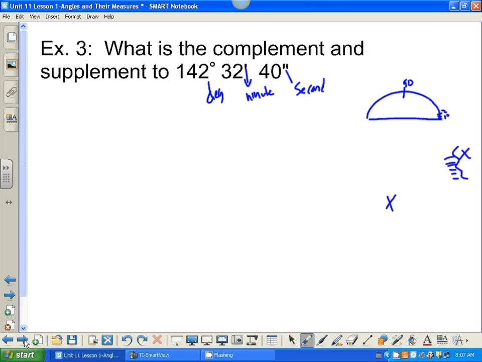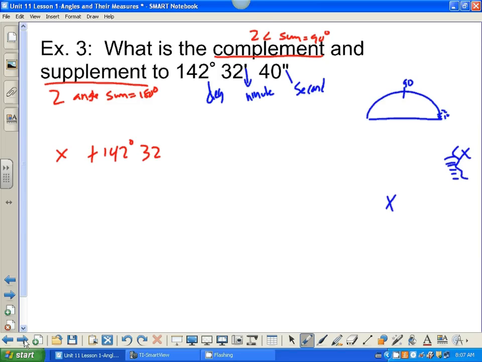But to do it by hand: the complement is 2 angles whose sum equals 90 degrees, and the supplement is 2 angles whose sum equals 180 degrees. So I need to find an angle, plus 142 degrees, 32 minutes, 40 seconds, that equals 180.